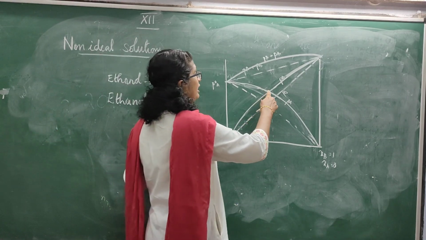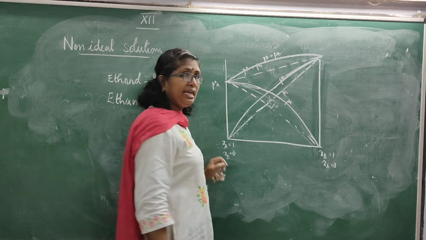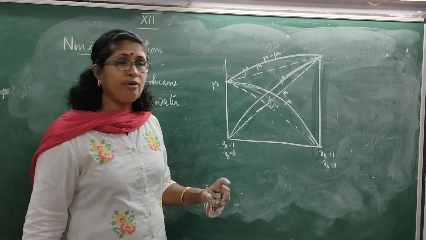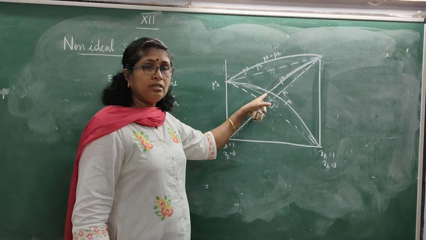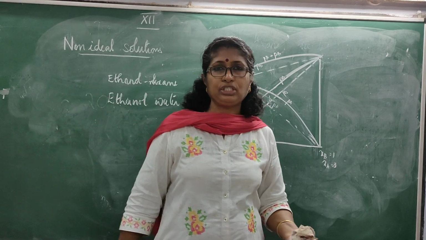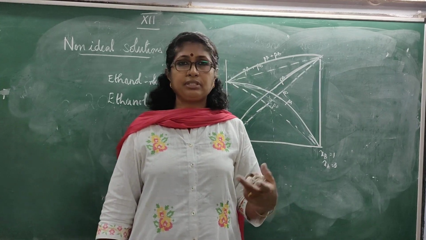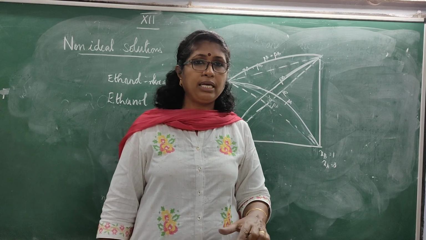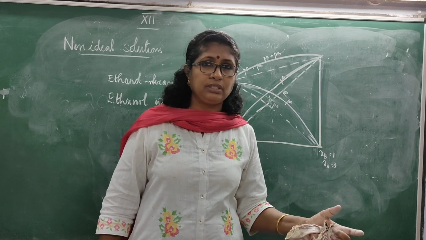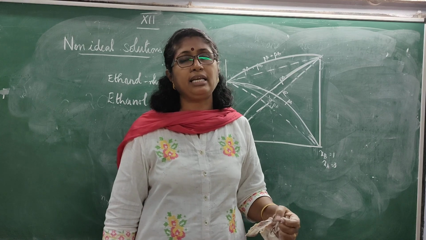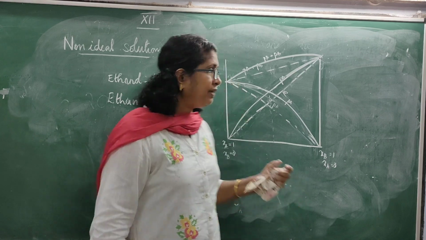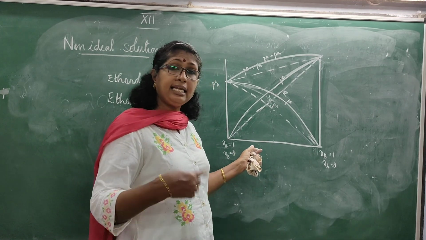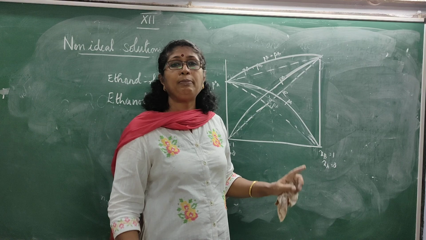Now here you see the composition in liquid and in vapor phase. The composition of this mixture will be the same. Suppose you are boiling a mixture of ethanol and water, we have studied distillation. Ethanol, which has a lower boiling point, will distill out first, isn't it? That's what we have studied in our lower classes. Now, at this composition, in liquid as well as in vapor phase, the composition will be the same.